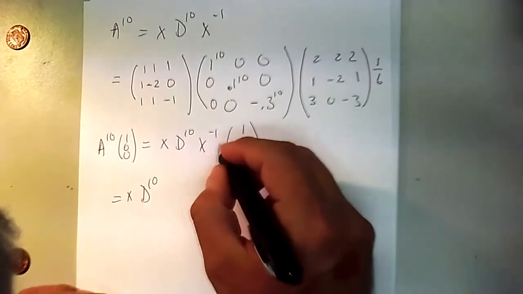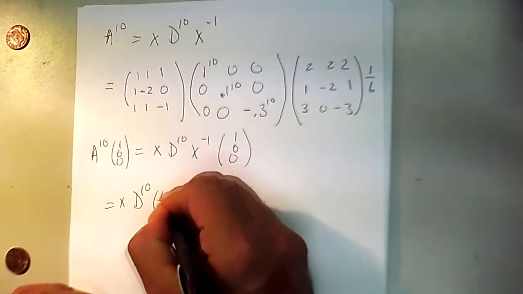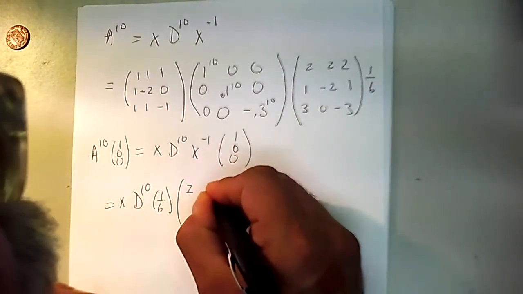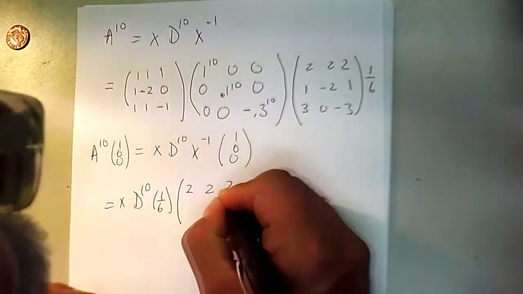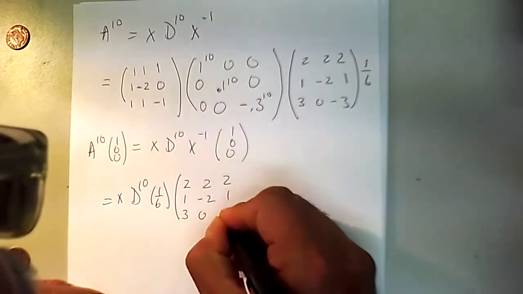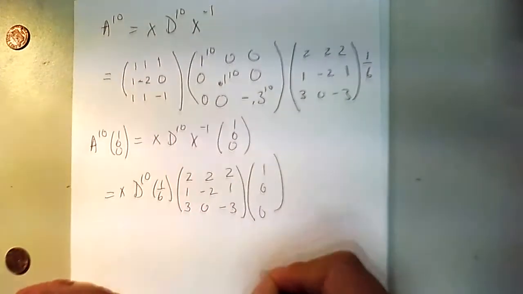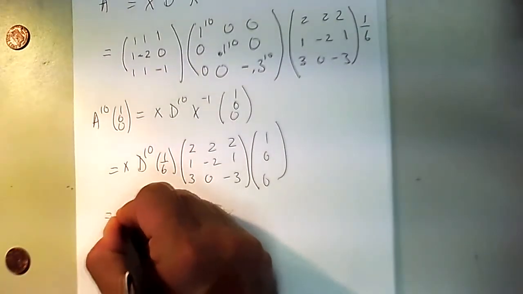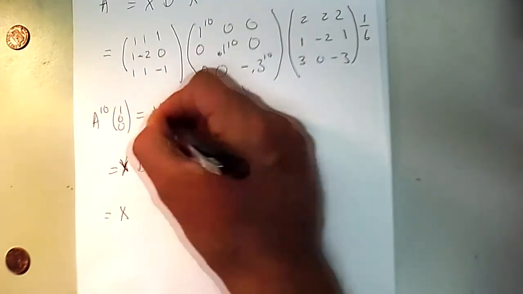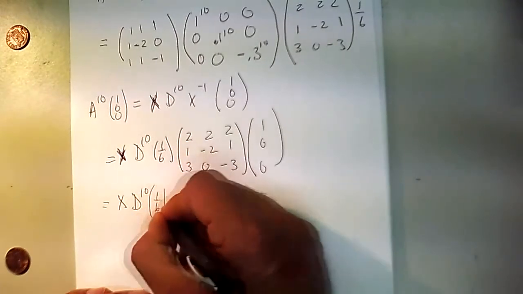I'm going to write down the X to the negative 1, which has the 1/6. So I'm going to keep the 1/6 out because I don't want to deal with that for now. And we got 2, 2, 2, 1, negative 2, 1, 3, 0, negative 3. And let's see what happens when we multiply with that. Well, that's easy. That's going to give us X. By the way, this is the matrix X, D to the 10, 1 over 6.